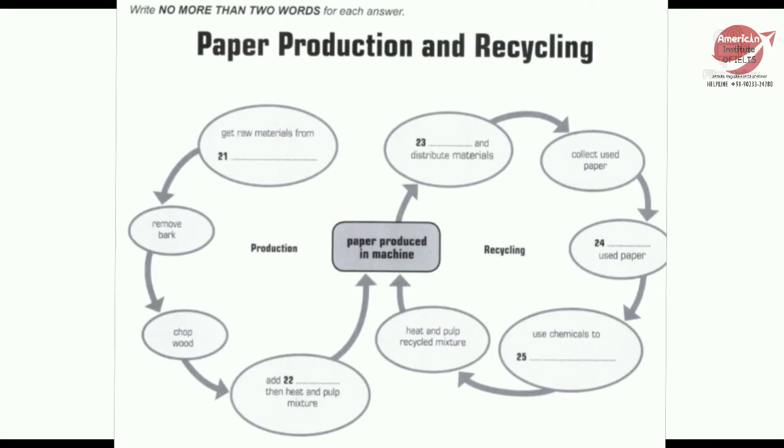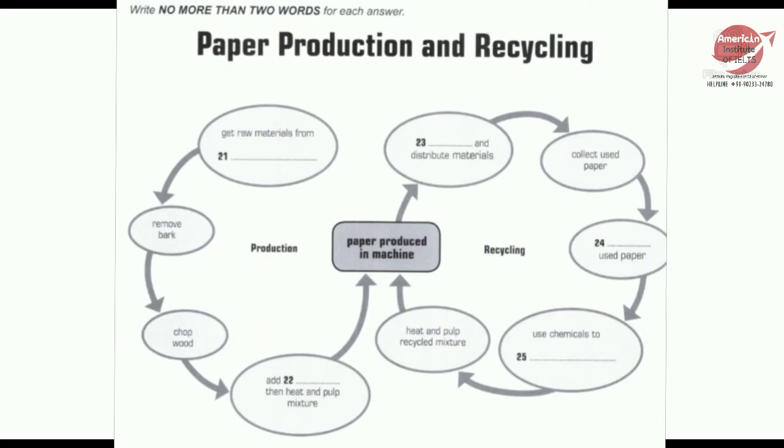Let's start at the top with the production. The first step in the process is to get the raw materials. Yes, and they tend to come from pine forests. OK. And then the bark is removed from the outside of the tree, and after that the wood is chopped up. That's the first 3 stages. It sounds a bit complicated after that.